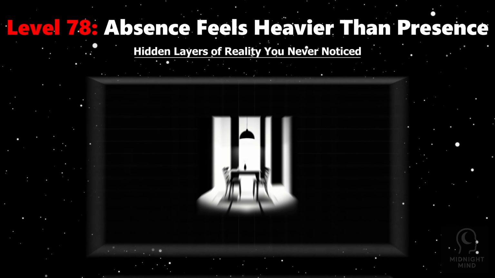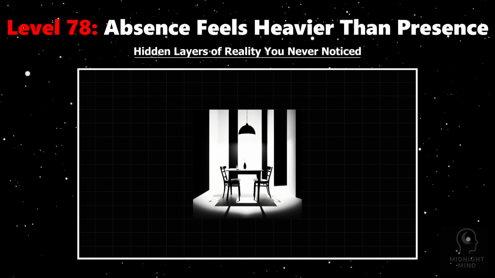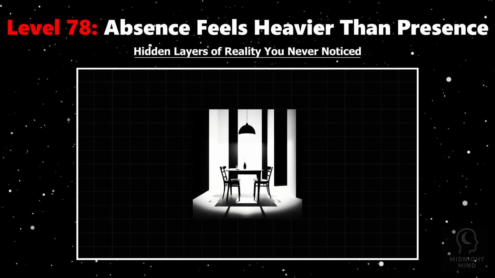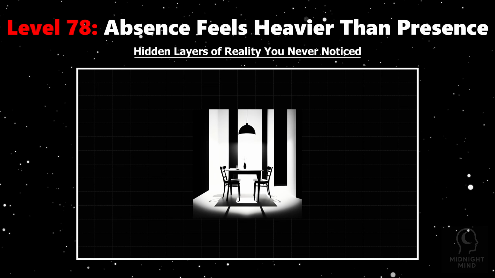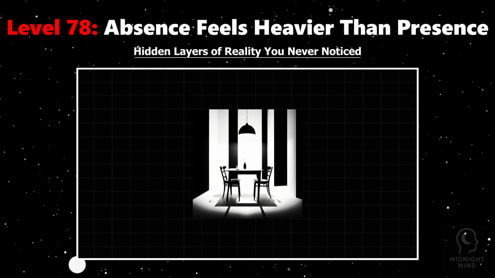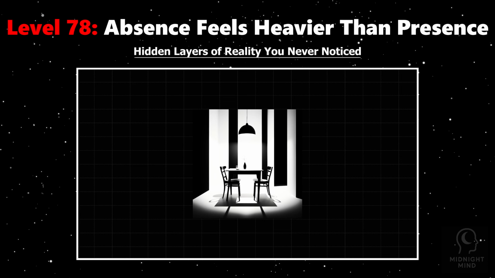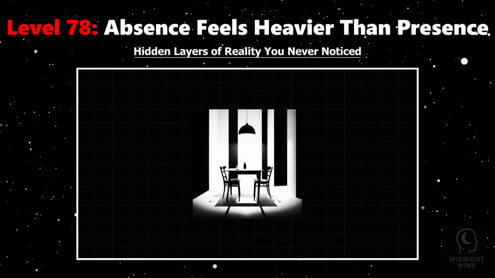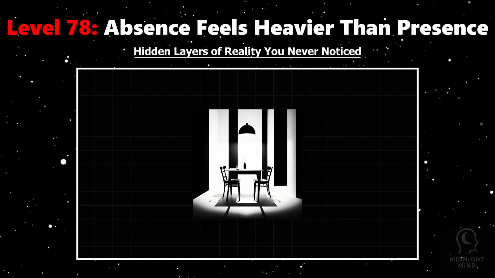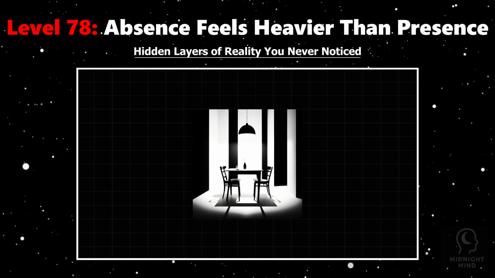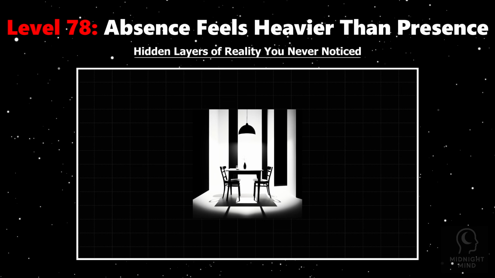Imagine walking into a room and immediately sensing something is off, not because of what's there, but because of what's missing. The absence of a familiar voice, the empty chair where someone used to sit, the sudden silence replacing once familiar noise. Absence feels heavier than presence, gripping your attention more intensely than anything that fills space.